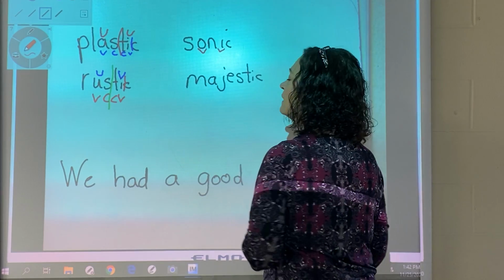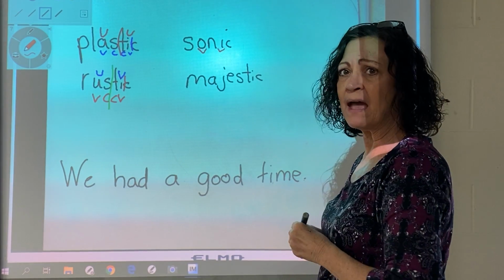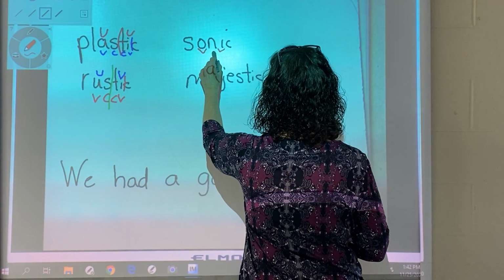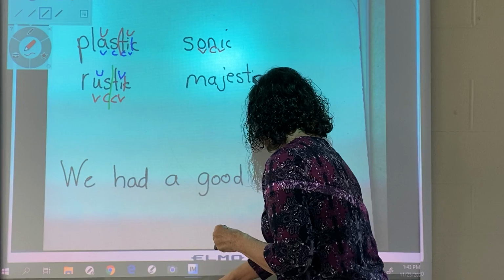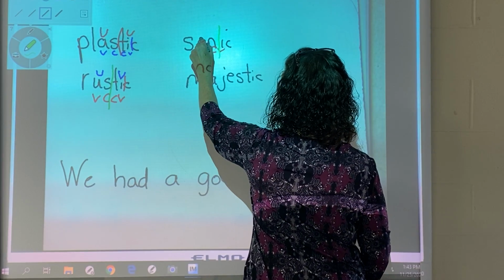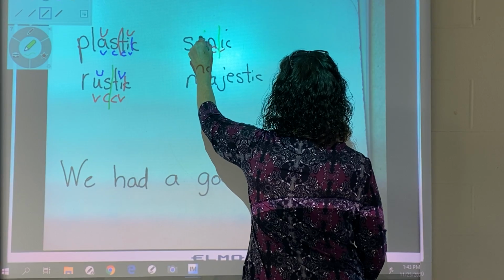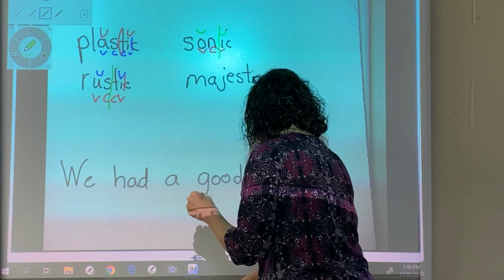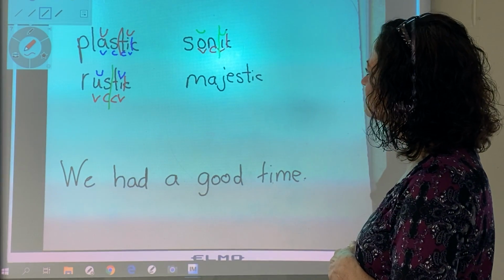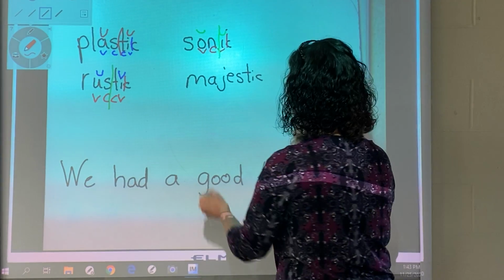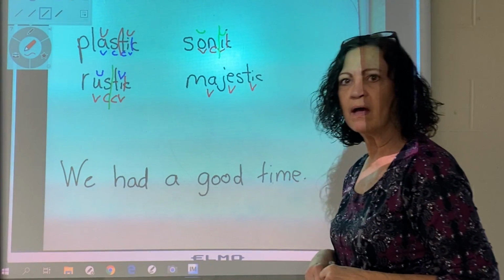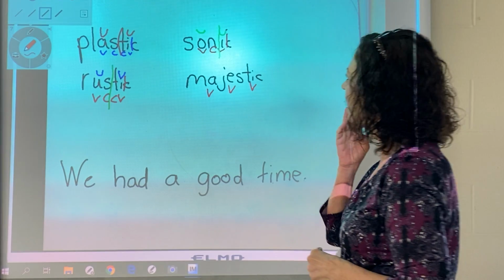This word has two syllables. I know that because it has just as many vowels as it does syllables. It only has the one consonant, so I'm going to separate it here: on, it, and then I'm going to code the C with a K back. Sonic. This word has a vowel here, a vowel here, and a vowel here. Wow, a three-syllable word.